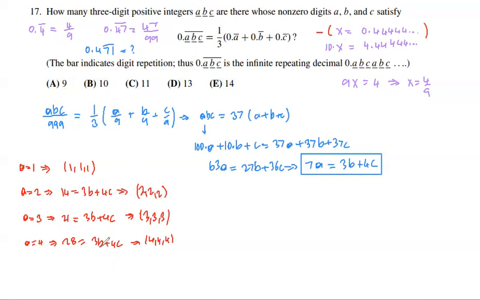if I increase this 4 by 4, because whenever you increase c by 1, this number will increase by 4. So if you increase c by 4, that will be 3 times 4, which is 12. You are increasing this product by 12.